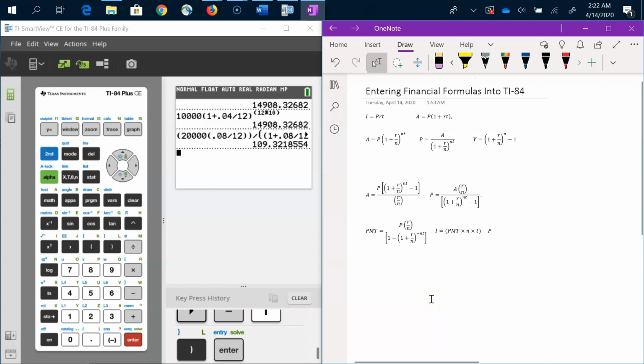Let's say I've got a $200,000 house, and I come up with $40,000 for the down payment, so I still need to come up with $160,000. That's the face value of the loan. So this would be P in the formula.